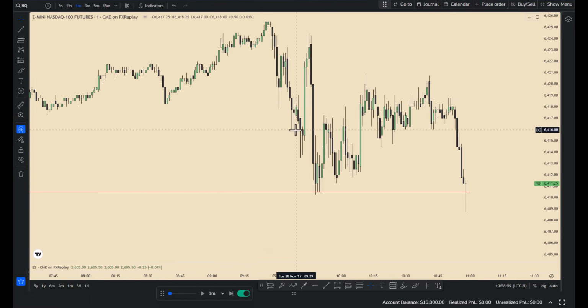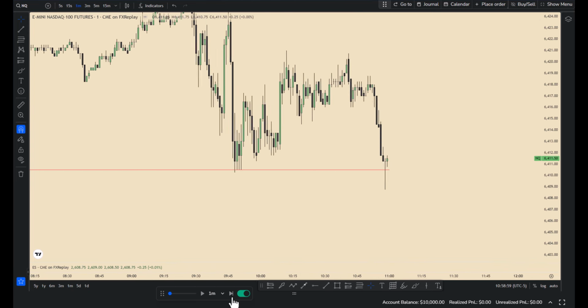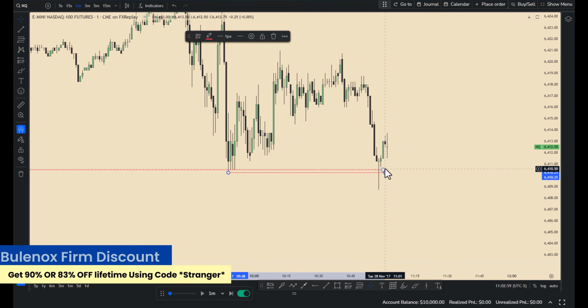And this whole block is still responsible for the bearish order flow from here. We have another sweep here.